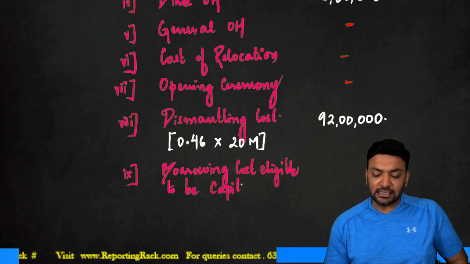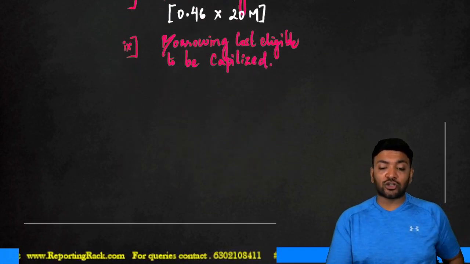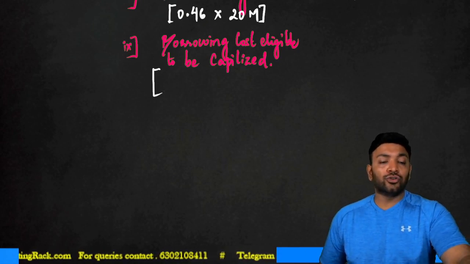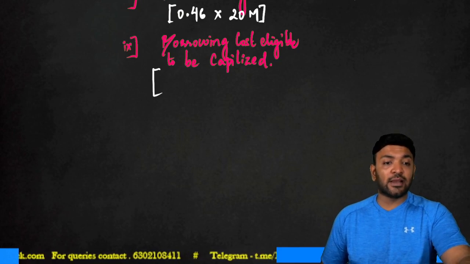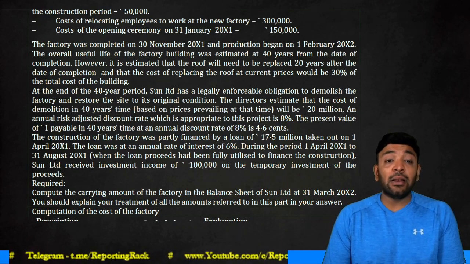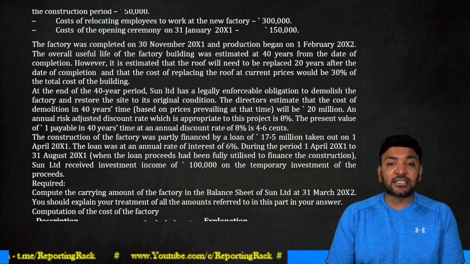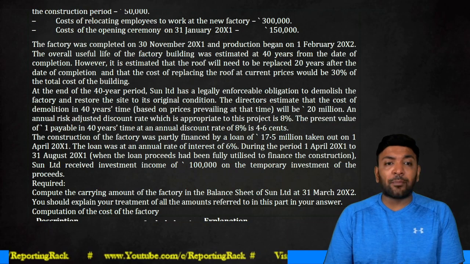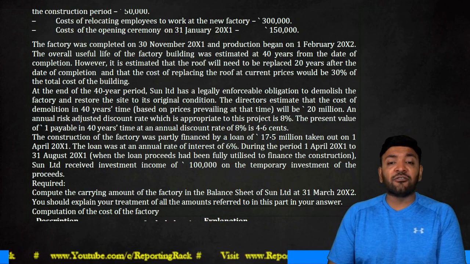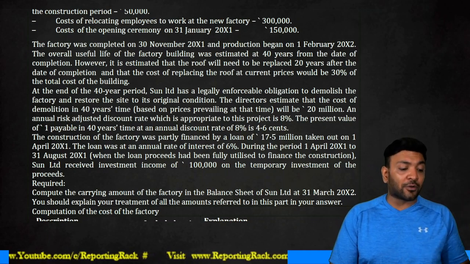You need to calculate, guys, and also make sure that you're reducing your proceeds from your short-term investments of the loan. Use your head and use your calculator, and please make sure that you get the figure. What is the amount? It is 17.5 million and the loan was taken on 1st April. The loan has an annual rate of 6% and during the period from 1st April to 31st August, the loan proceeds have been fully utilized for financing the construction. So starting from 1st April, the entire proceeds have been fully utilized for the process of construction.